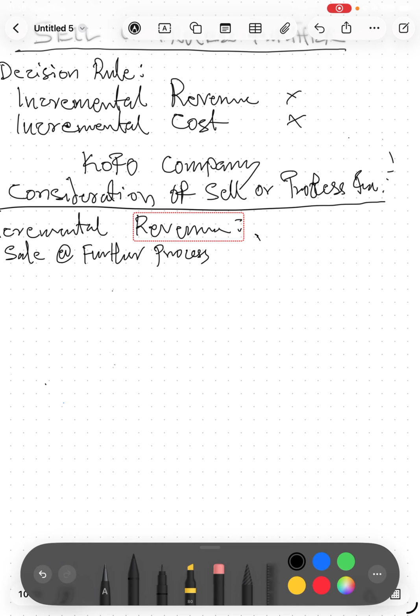So we have X, Y, and Z. We have 400,000, 700, 300. Then sale at split off.